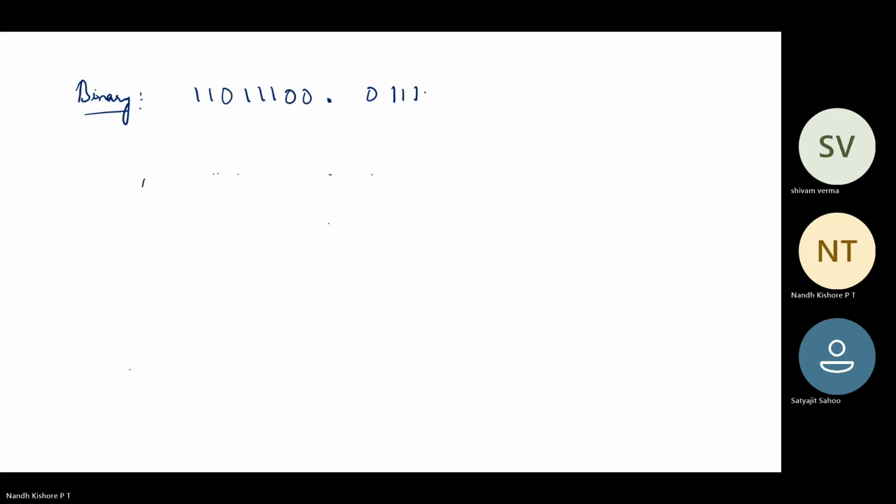so the binary is 11011100.00111. Okay. This is your binary form for 220.22.